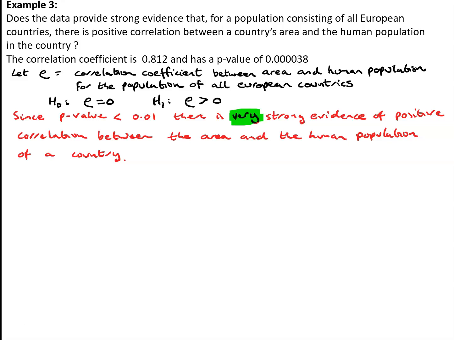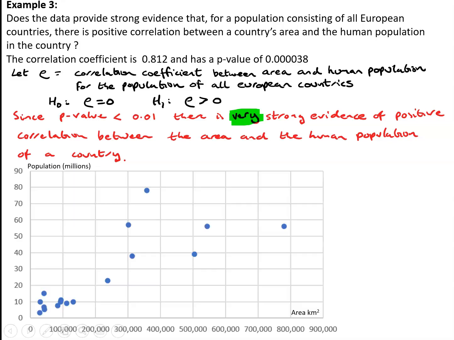So we can actually conclude that there is very strong evidence of positive correlation between the area and the human population of countries in Europe. If we look at our scatter diagram for the sample data that we had, you might like to think whether the scatter diagram confirms the conclusion that we've just made.